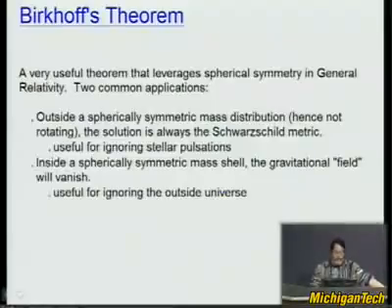Most of these have to do with gravity. One is Birkhoff's theorem, which is really important. That allows us to do a lot of gravity and understand a lot of general relativity. Birkhoff's theorem leverages spherical symmetry in general relativity and has two common applications. First of all, it says that outside a spherically symmetric mass distribution, one that's not rotating, the solution is always a Schwarzschild metric.